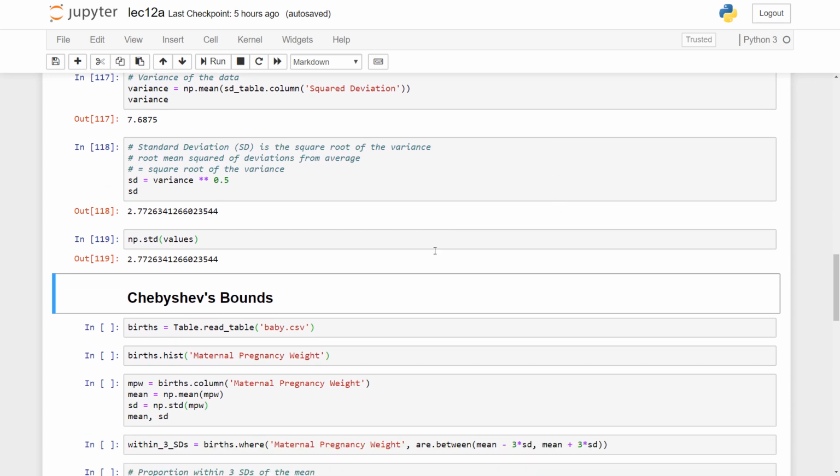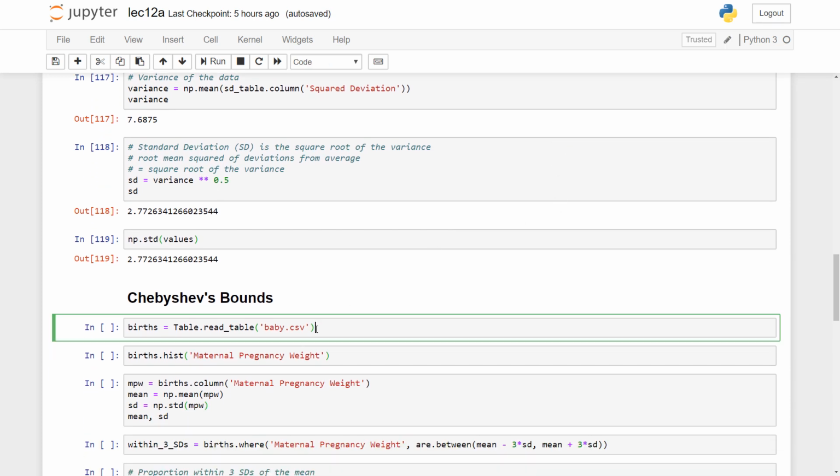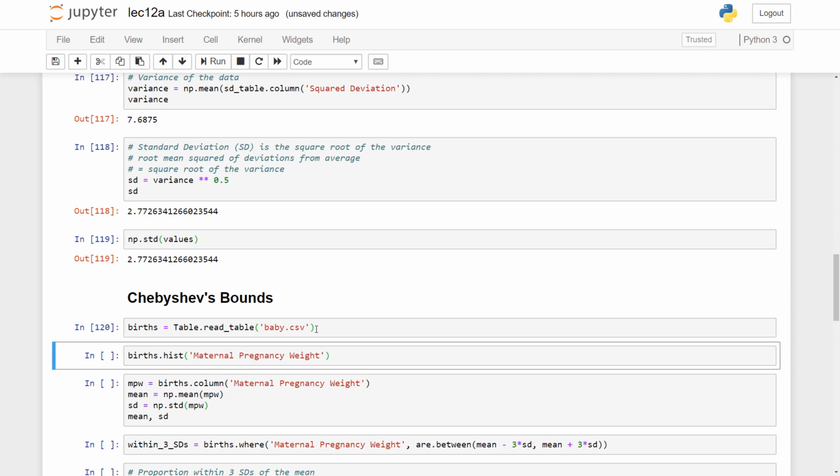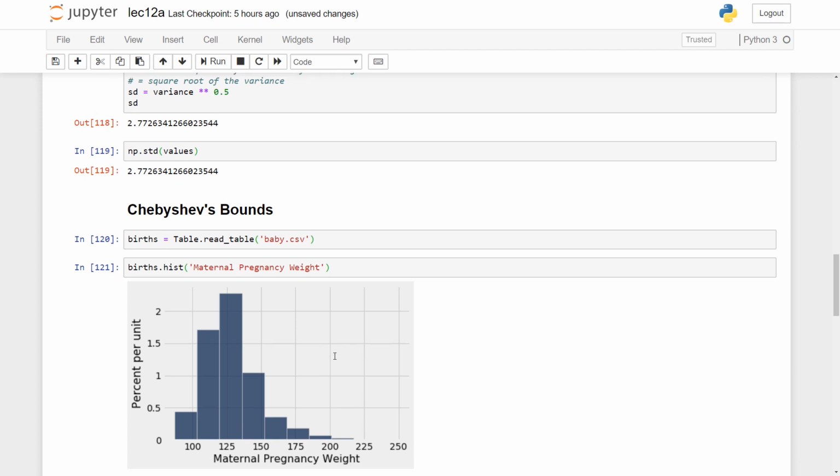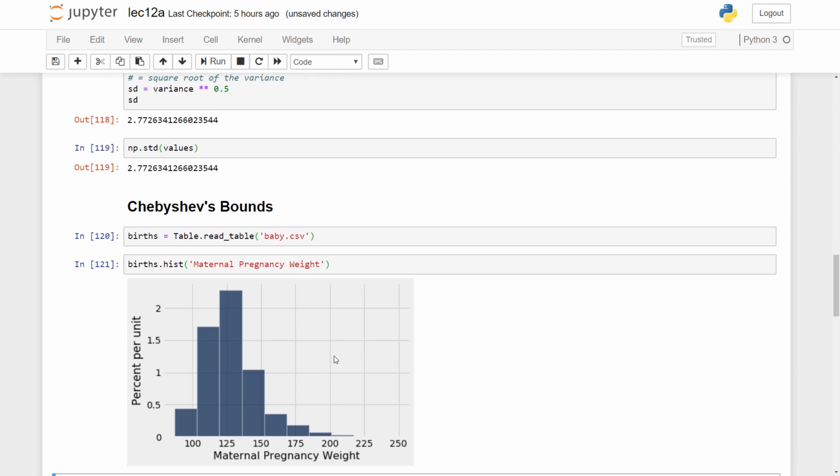We'll get back to the baby and mothers data set, and we will focus for now on the weight of mothers, or what we call maternal pregnancy weight. Here is the histogram of the weight of mothers in this data set. You will see that it is a bit skewed to the right.